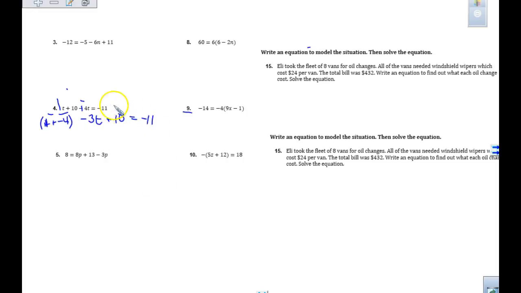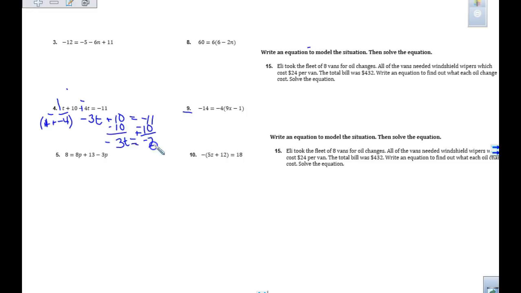My next step is I need to get this negative 3t by itself. If you didn't have negative 3t and you put 5t instead, that's part of your mistake. Make sure you correct it and you have the right work since I'm doing these in class. You should then be subtracting 10 from both sides. Now you have negative 3t is equal to negative 11 minus 10, which is the same as plus a negative 10.